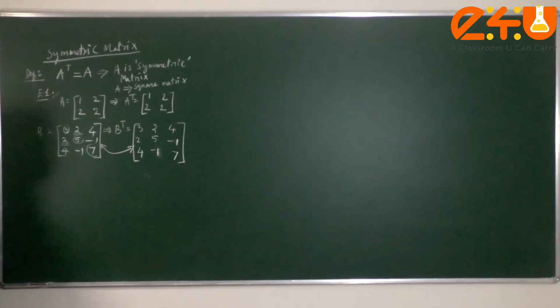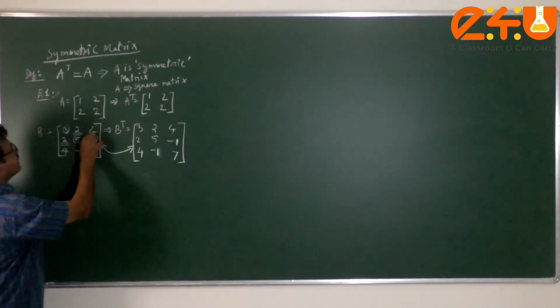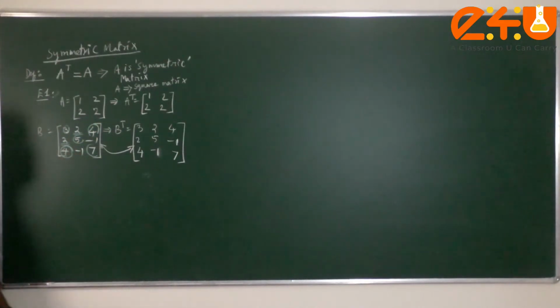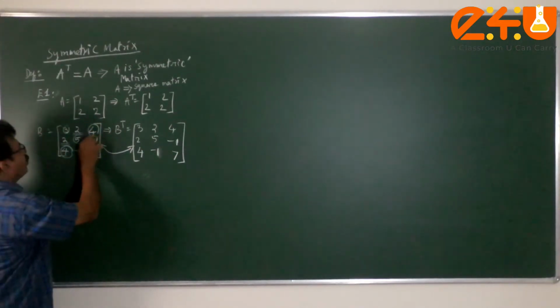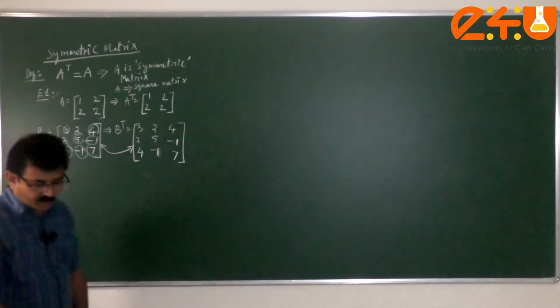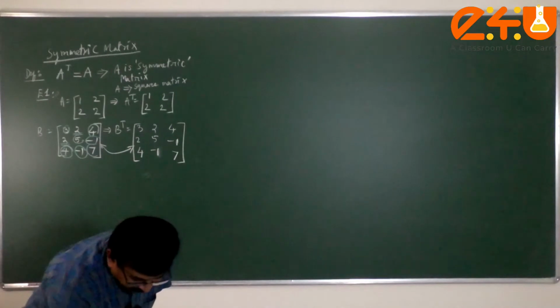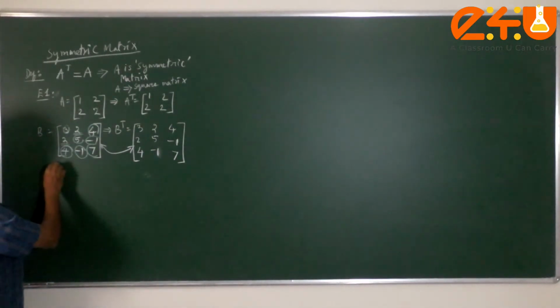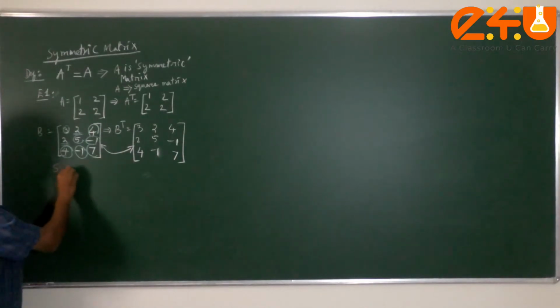Did you not notice I was writing 4 in 2 places? In the same way I was writing -1 in 2 places. So why is it so? Let us now look into the alternative definition of the symmetric matrix.